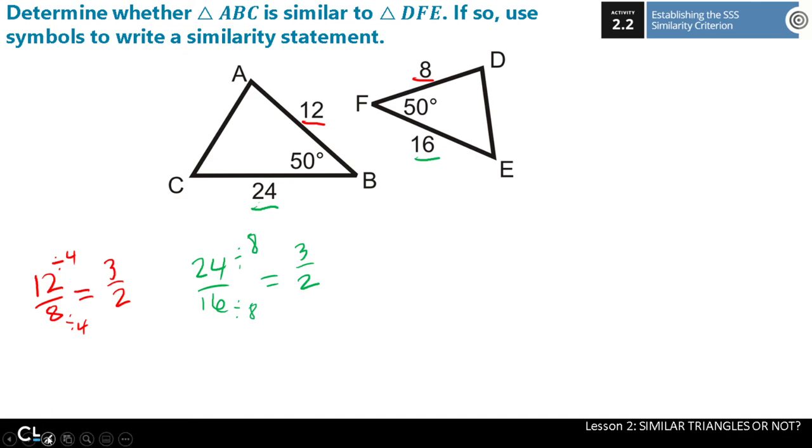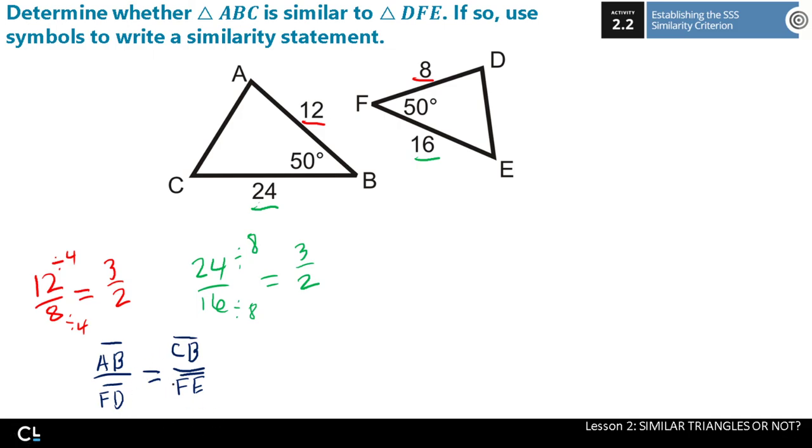So really what I could do is write it down here, something like this. I could say that AB over FD, name of the sides, is equal to CB over FE. Right? That's what we could technically say, which means that they're proportional, right?